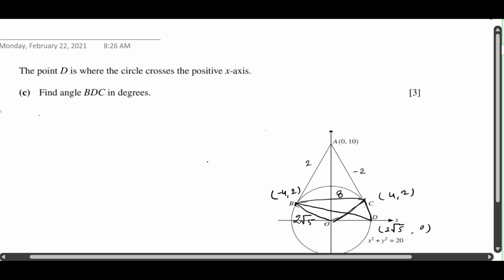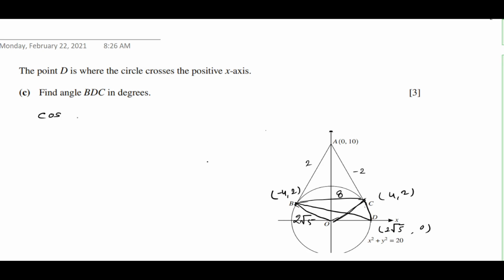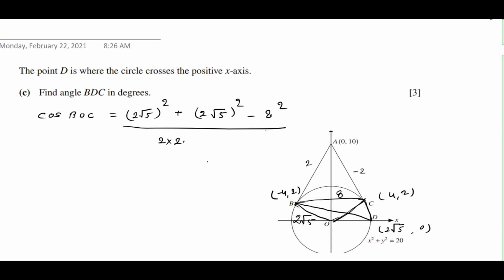Okay, I will say that cos of this angle BOC is equal to, cos of angle A is equal to, here it is (2 root 5) square plus (2 root 5) square minus 8 square, whole divided by 2 times 2 root 5 times 2 root 5.